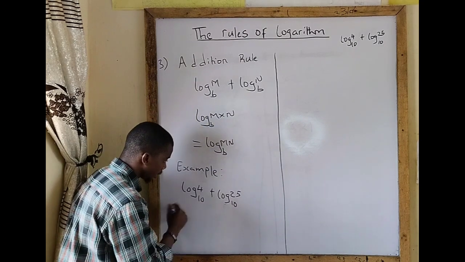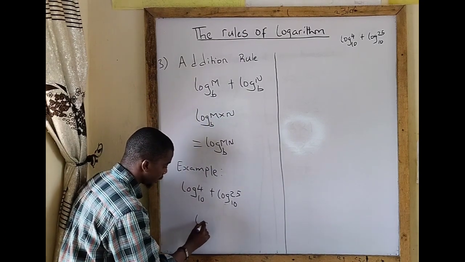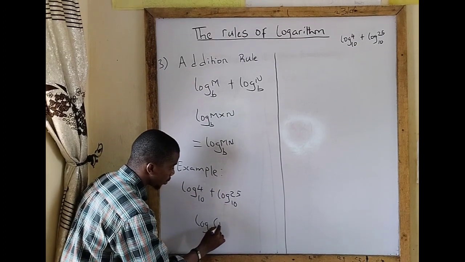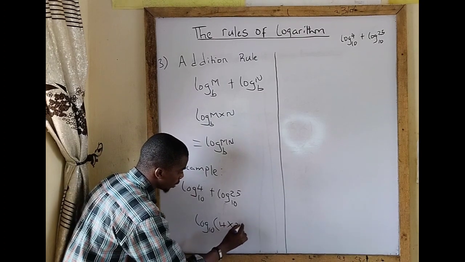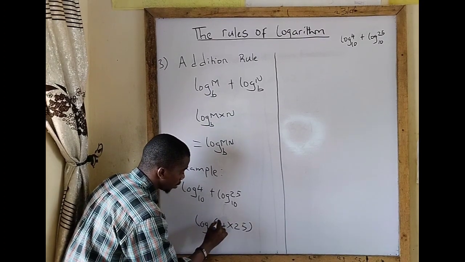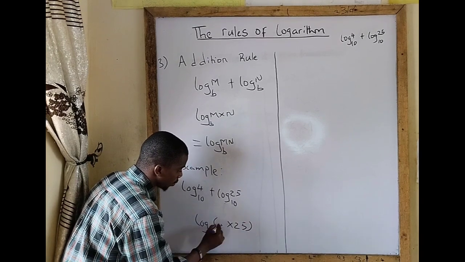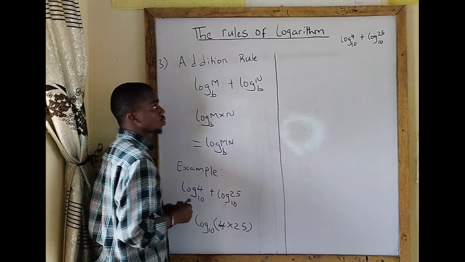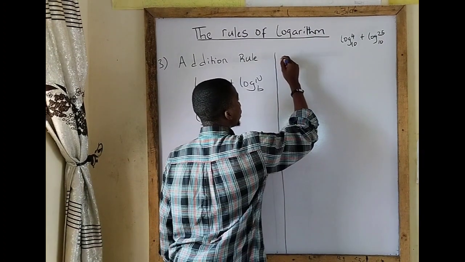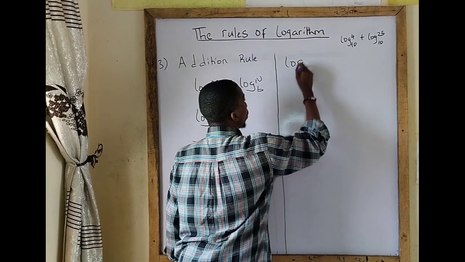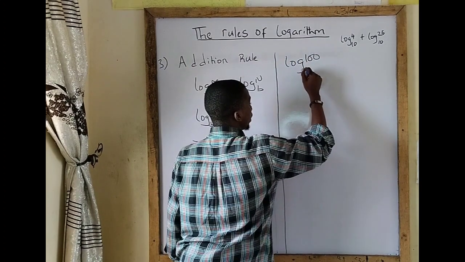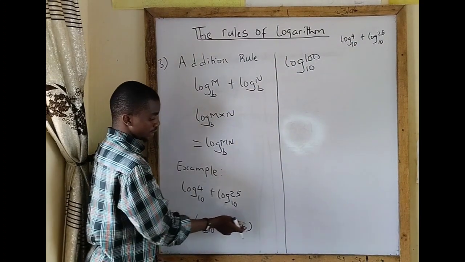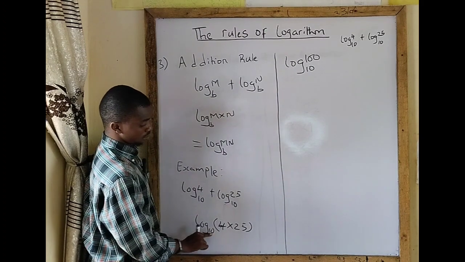This is equal to, we take this to a common base, base 10, we include this, we say 4 times 25. And 4 times 25 is equal to 100, so that we have log 100 base 10.